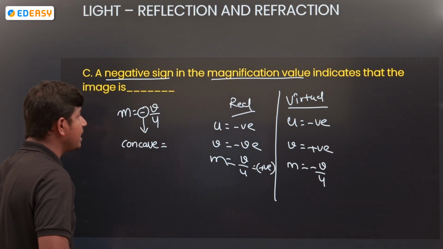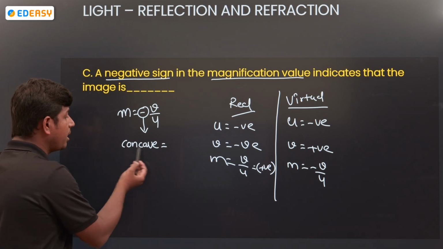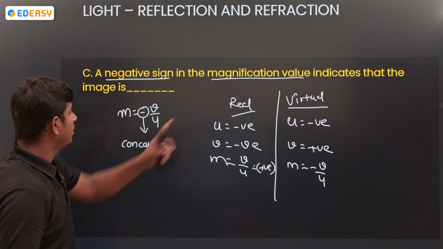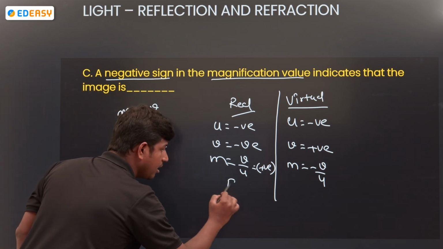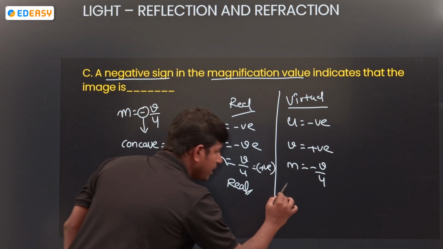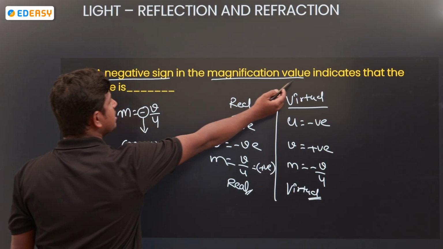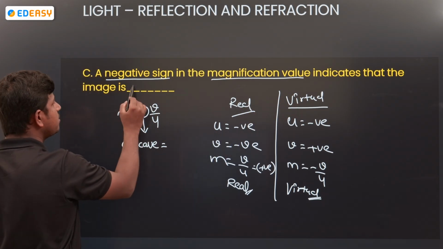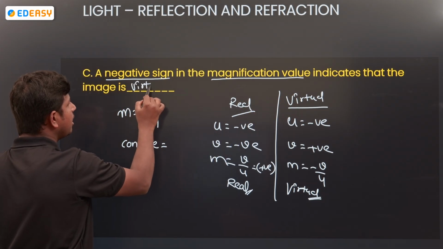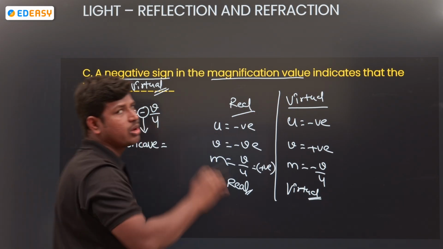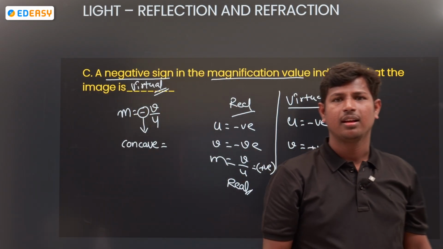So where will you get minus? Positive is real, and here it is virtual. So a negative magnification value indicates that in a concave mirror, the image is virtual. Clear?